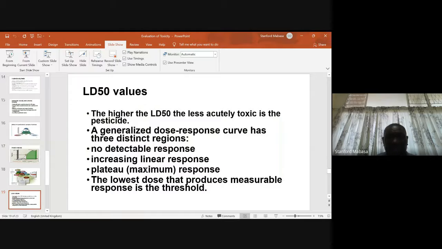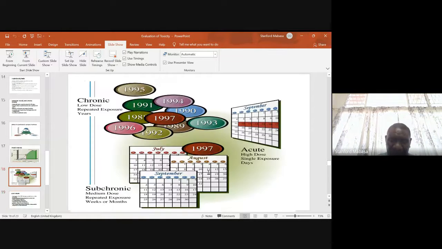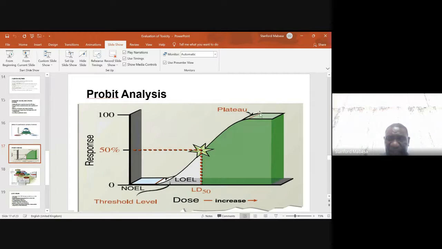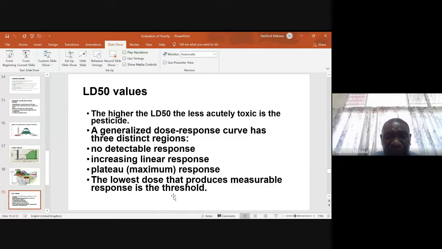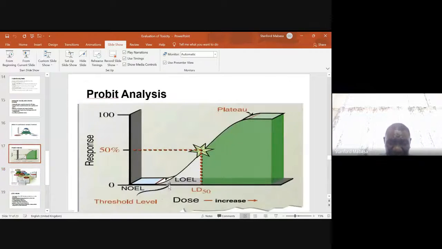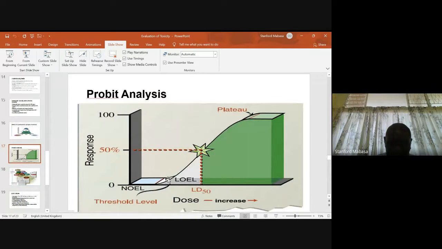Then we have got a plateau maximum response. This is the plateau where we get the maximum response. Now, the lowest dose that produces a measurable response is the threshold. According to our graph, it is this area here, the threshold level.